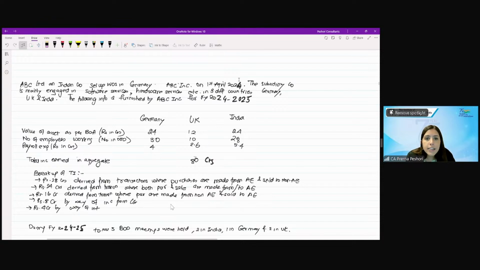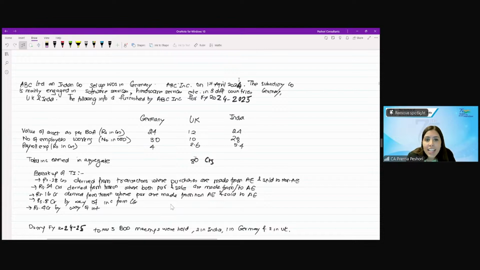Whether the test is satisfied? Yes. It is satisfied if it is less than 50%, and it is coming to 45%. So therefore, this test is satisfied.